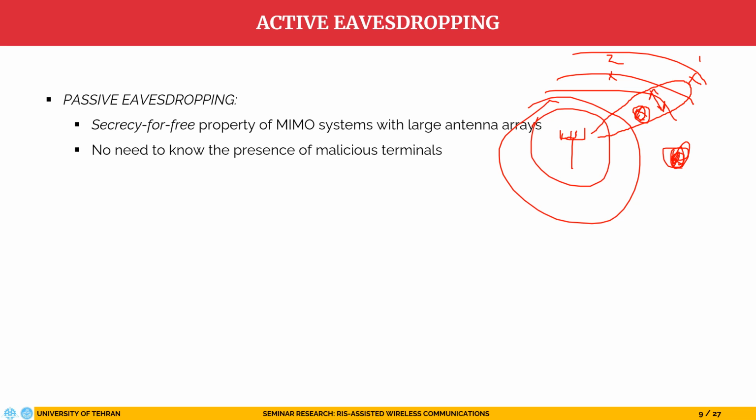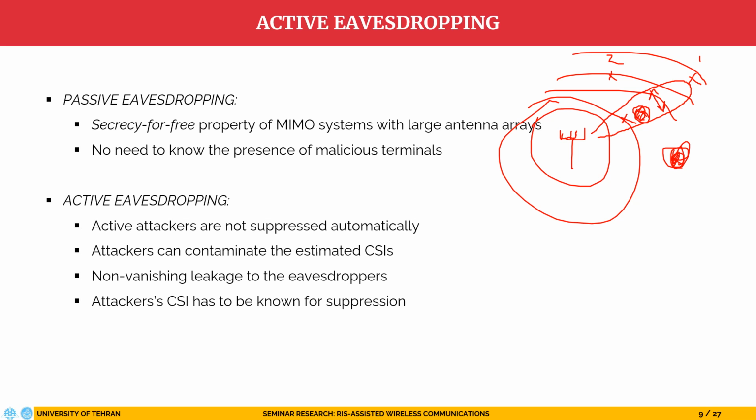So it can eavesdrop the radiated signal with the public and known pilot signals. This is a good thing in MIMO systems: the only way for eavesdropping is to come between user 1 and the base station. And also there is no need to know the presence of malicious terminals.